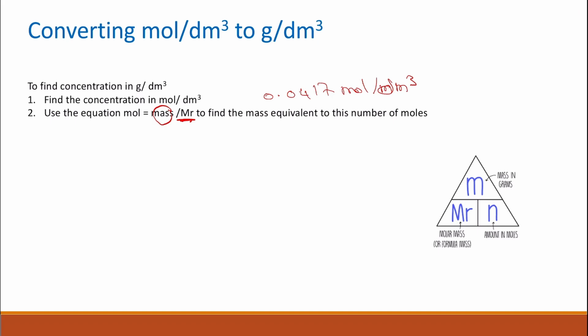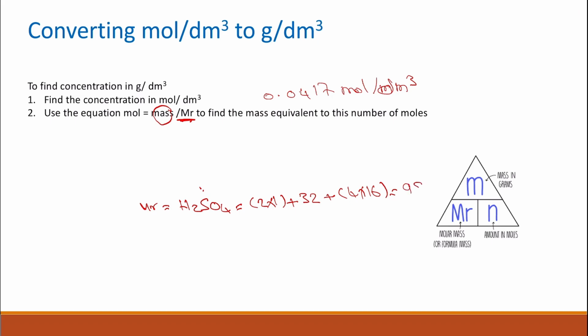So the formula mass for sulfuric acid, which is H2SO4, equals 2 times 1, which is the relative atomic mass of hydrogen, plus 32, which is the relative atomic mass of sulfur, plus 4 times 16, which is the relative atomic mass of oxygen.